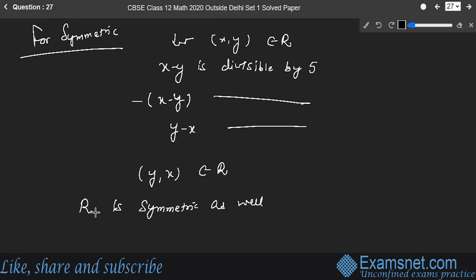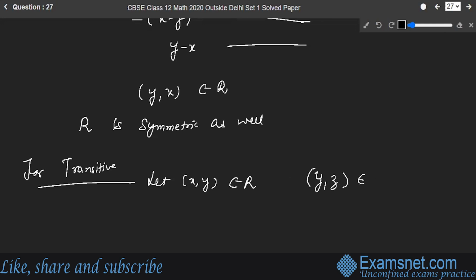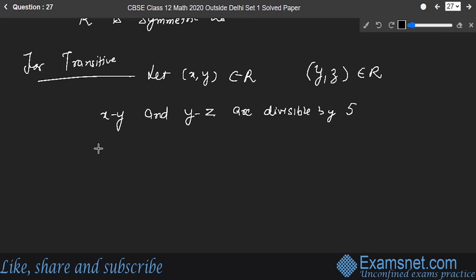Now let's check for the transitive. Let's say (X, Y) belongs to R, and (Y, Z) also belongs to R. Then X minus Y and Y minus Z are divisible by 5, which means X minus Y plus Y minus Z is also divisible by 5.